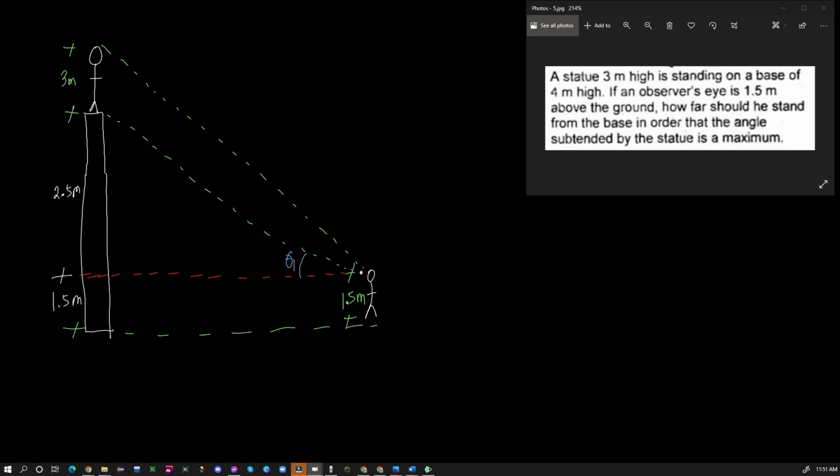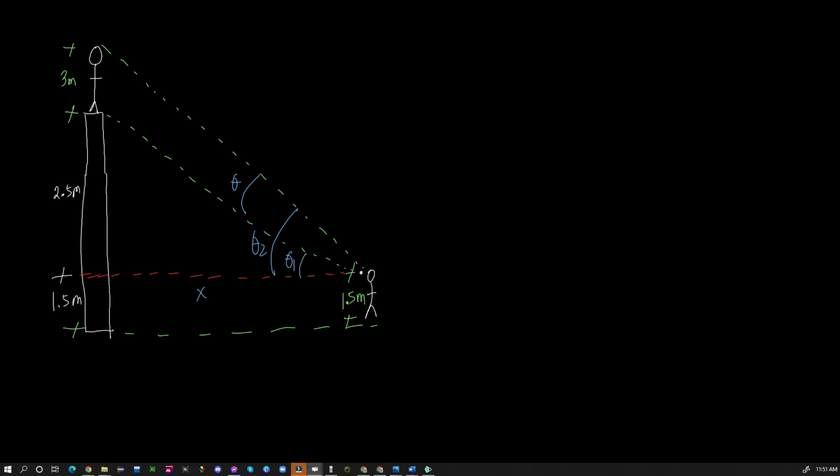Natay theta 1, natay theta 2, o natay theta. Okay, so solve na to ang x. Now, paspas na ba mo solve? We have theta is equal to theta 2 minus theta 1. Tapos, unsa nga itong makuha nga relationship? Tangent theta is equal to opposite.